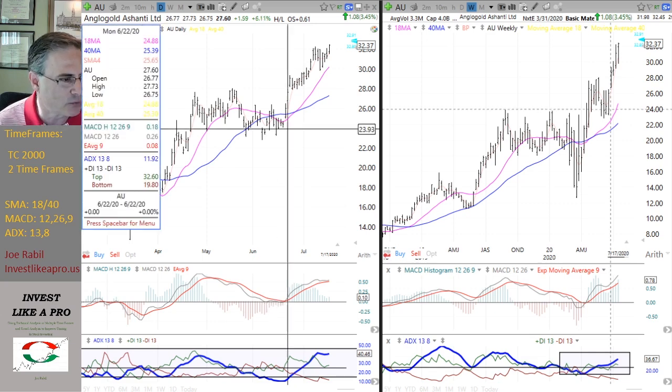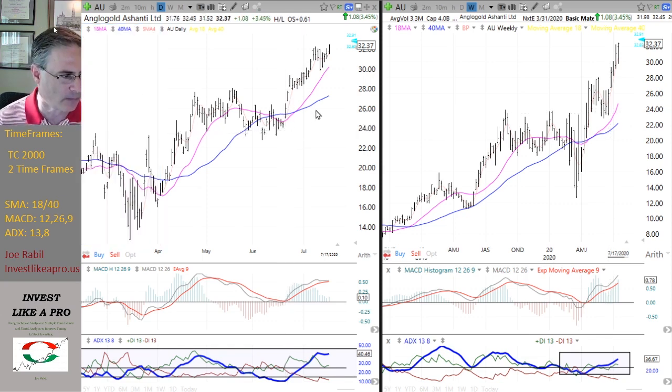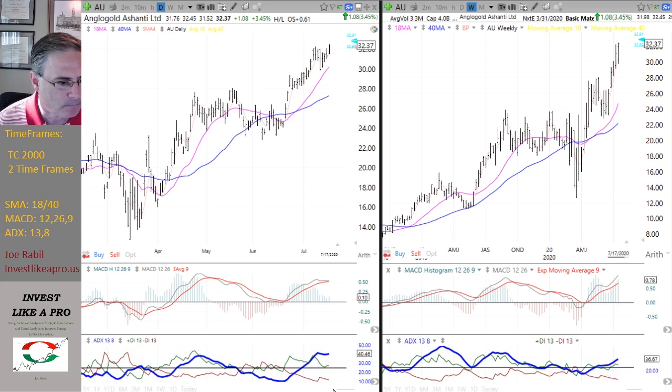And then the trigger is confirmed with the crossover of the moving average, and MACD starts to cross over its signal line. And again, through the pullback, notice how light the ADX was. Yeah, DI crossed up a little bit above 25, but look at how low the ADX was during this pullback.